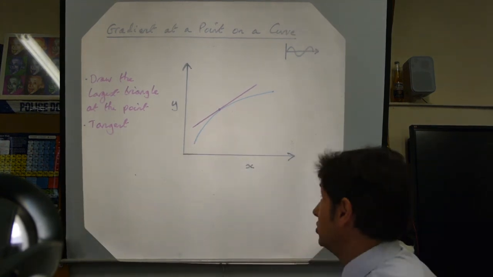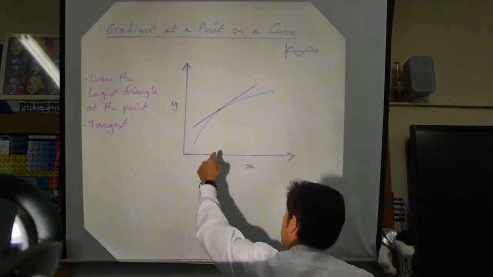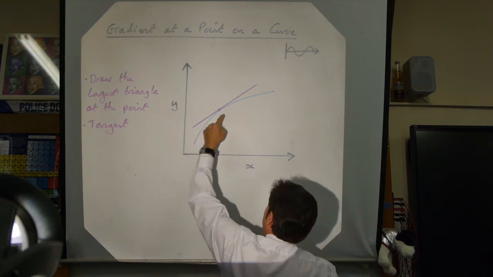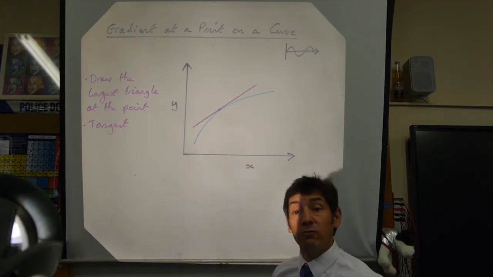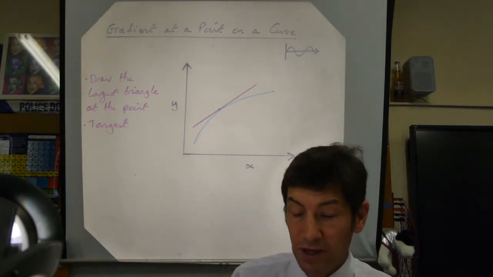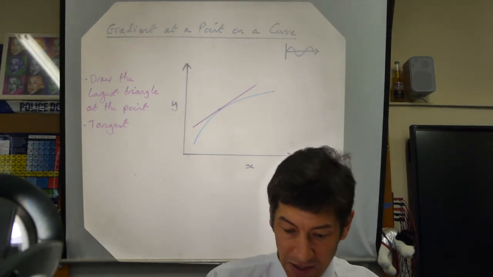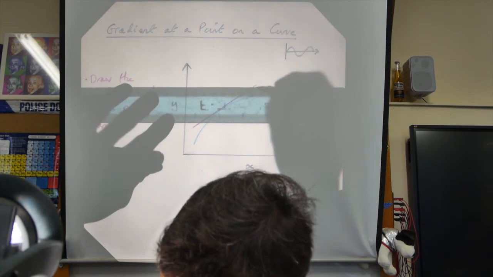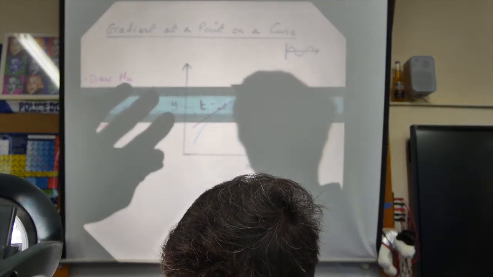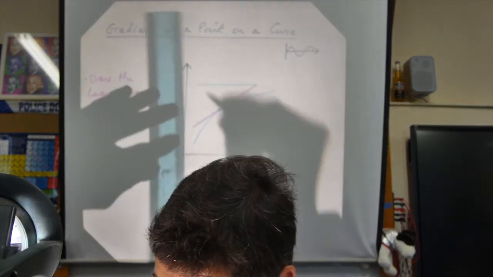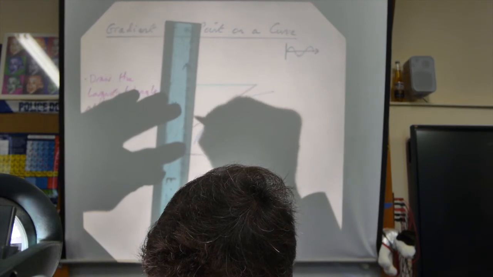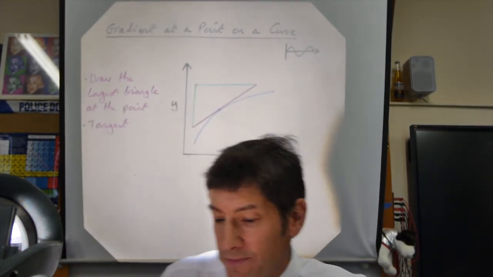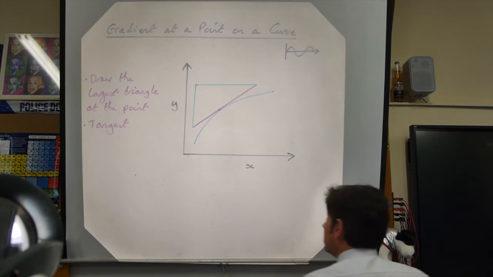What makes it a tangent, in simple terms, is that the bit there and the bit there are the same. It represents the gradient at that point. And do you remember what I said? It's the biggest triangle. So what you're going to do is make your triangle. There it is. And I'll just say it again, the biggest you can.